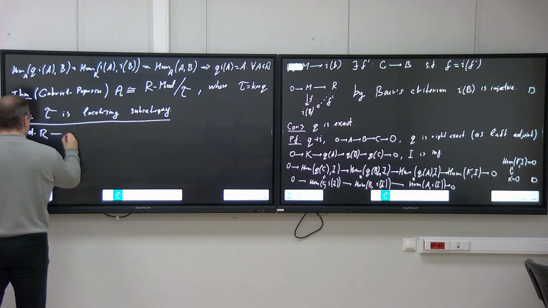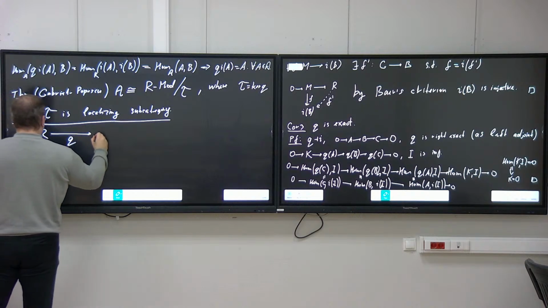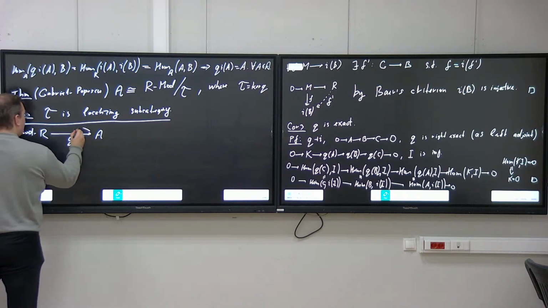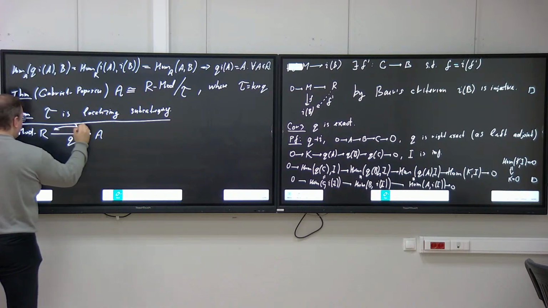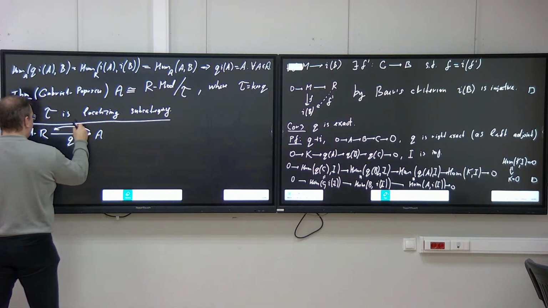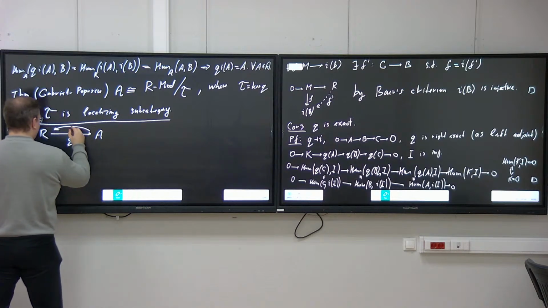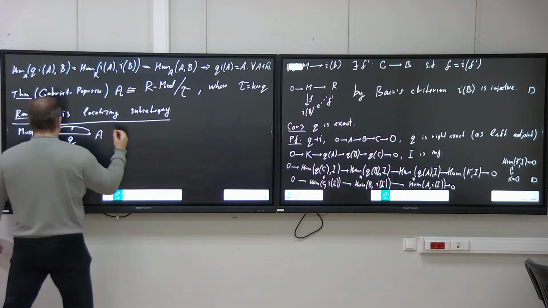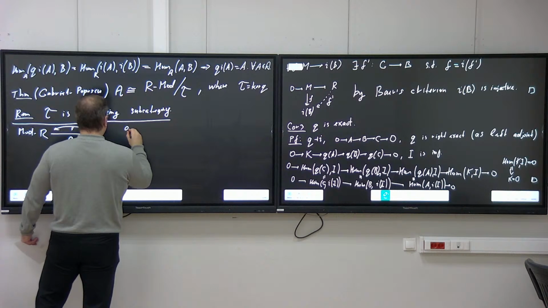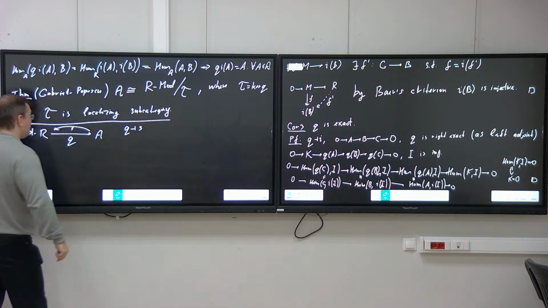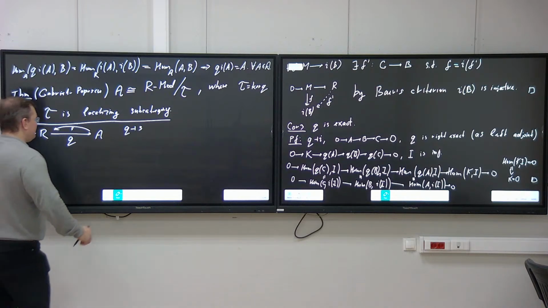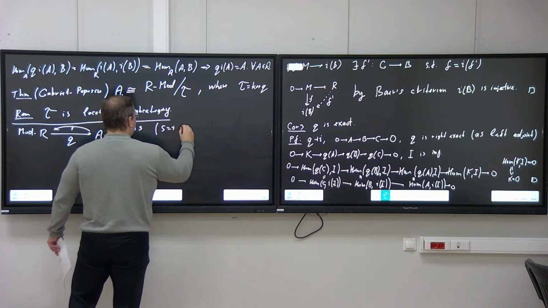Then there is the quotient functor Q to the category A, and before, the right adjoint was called I. But now I changed my notation and call this right adjoint S. It's just a little more natural for me to call these S and Q than Q and I, because S is like a section for the functor Q. So S was equal to I before.